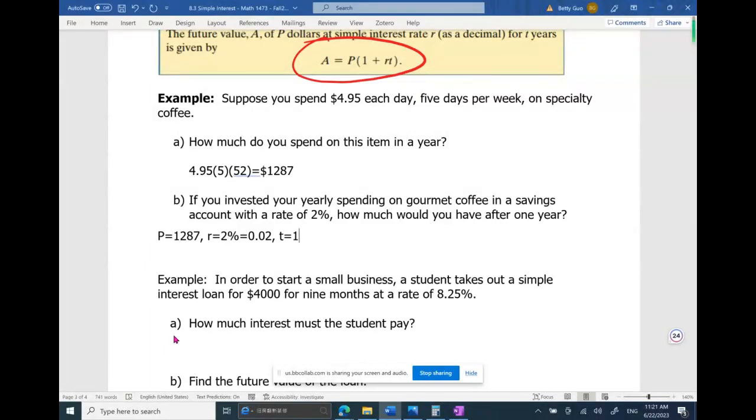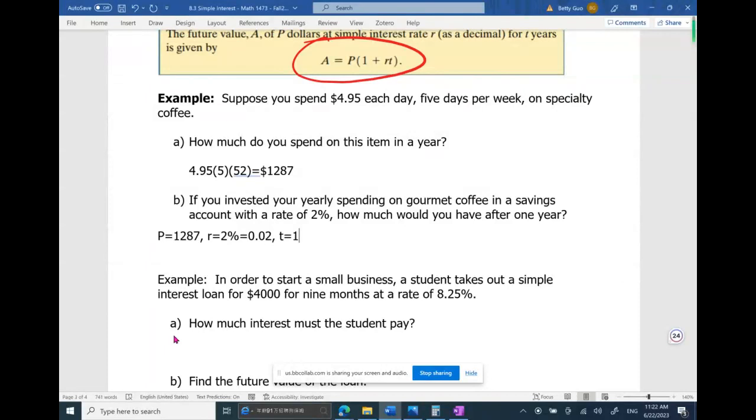You might notice that this section is about simple interest. If the problem is about investing, depositing money in the account, the time in years is always 1 year. Because in reality, a savings account actually pays you compound interest. But when the compound interest is annual, for 1 year, it is equivalent to simple interest.